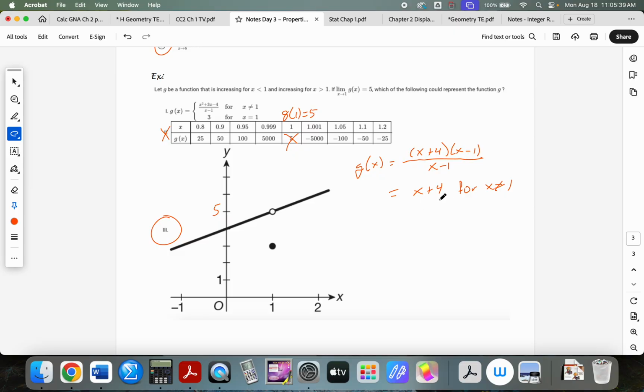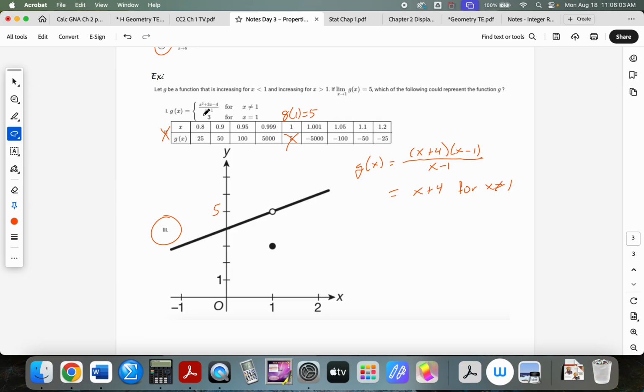So, x plus 4, well, that's a line with a slope of 1. It's increasing all the time, so that gets the increasing part. As x gets close to 1, does this get close to 5? Yes. Do we care about this 3?